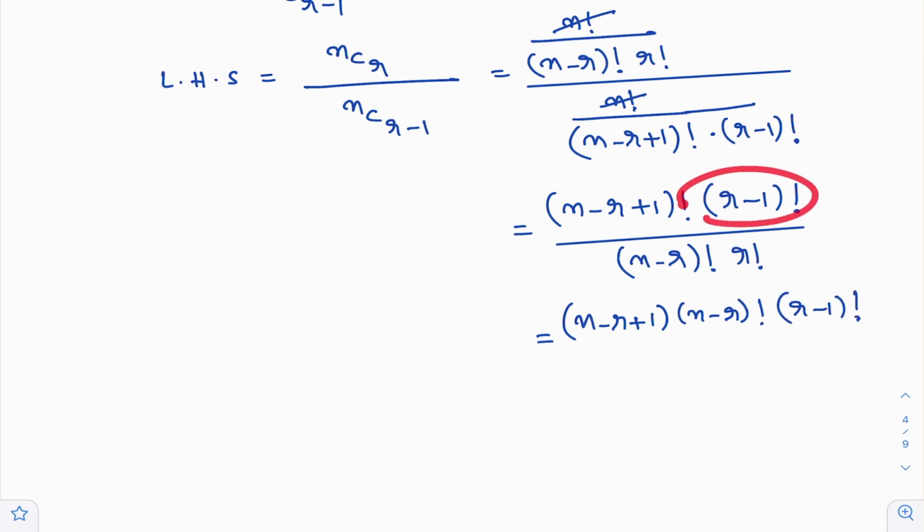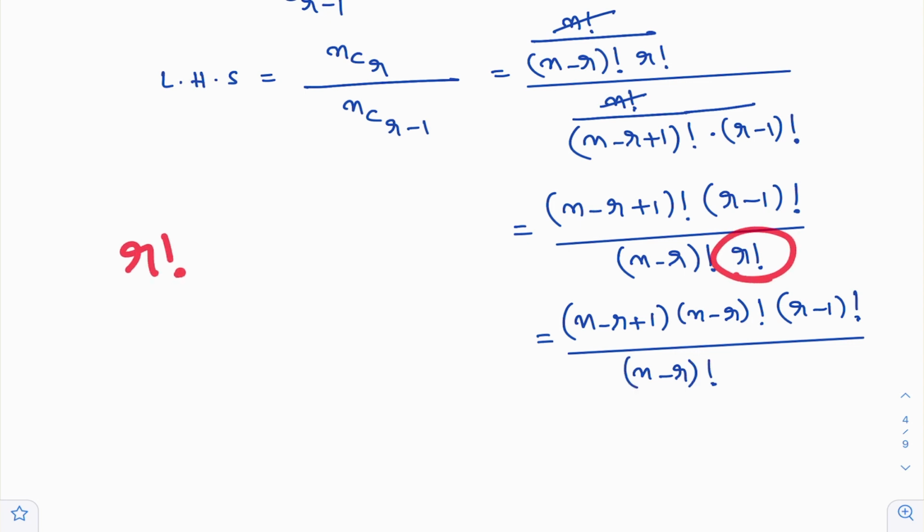This (r minus 1) factorial I have written as it is. Divided by, what is there in the denominator? (n minus r) factorial into r factorial, and r factorial can be written as r into (r minus 1) factorial.